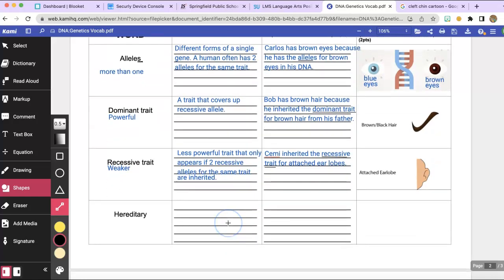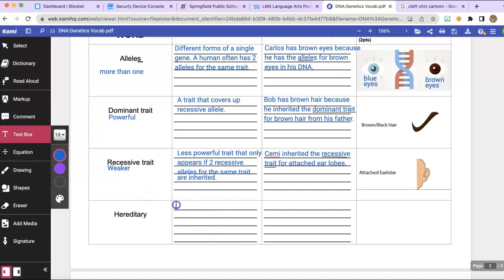All right, last but not least is heredity. Heredity, what does that mean? Well, you've heard the word inherited. That means you got something from your parents. Heredity. Let's write the scientific definition. Grab your pencil. Here we go.